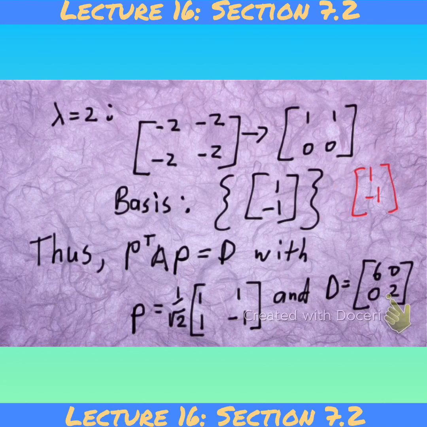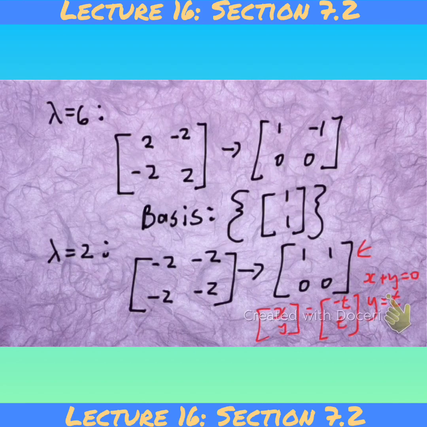What is the norm of this vector? The norm of that vector is square root 2. And going back, what is the norm of this basis vector? It is square root 2. So those vectors clearly don't have norm 1.